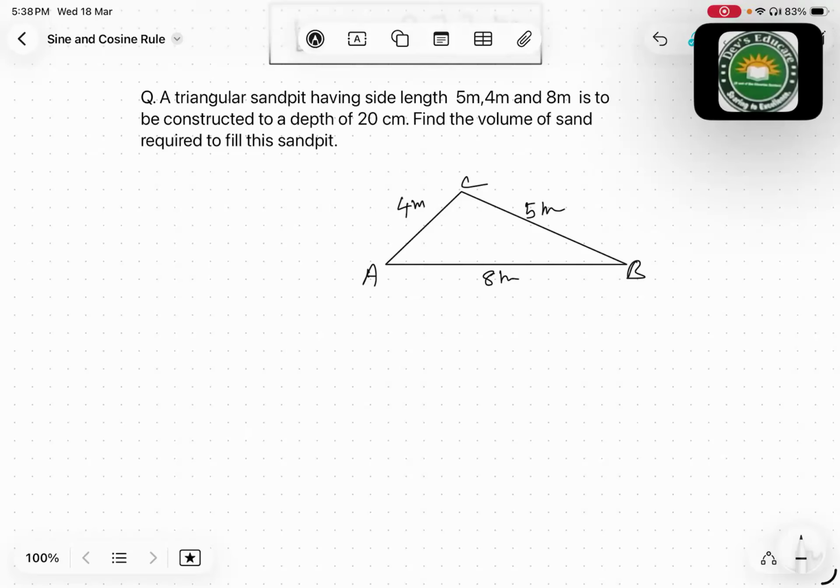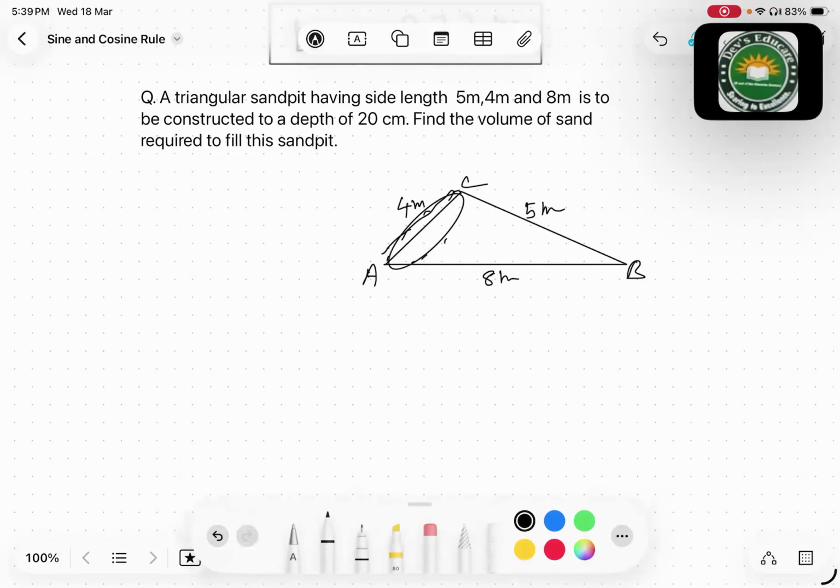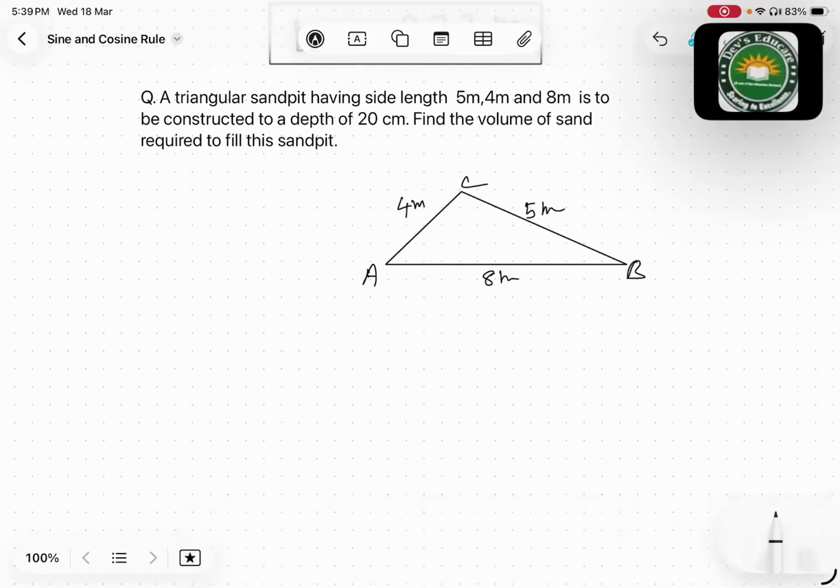Since this will be a 3D figure, however, we have just drawn a triangle which is a 2D figure. So depth is like here, some depth is there. It's difficult to draw a 3D figure on plain paper. So first we will just use the triangle.